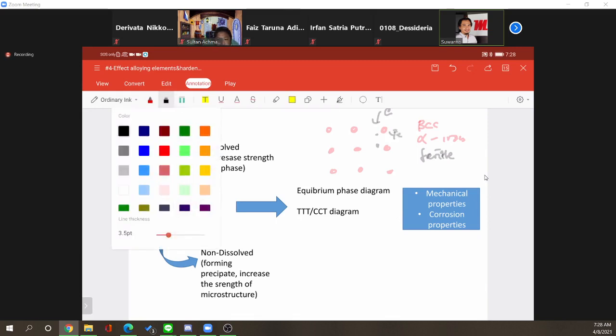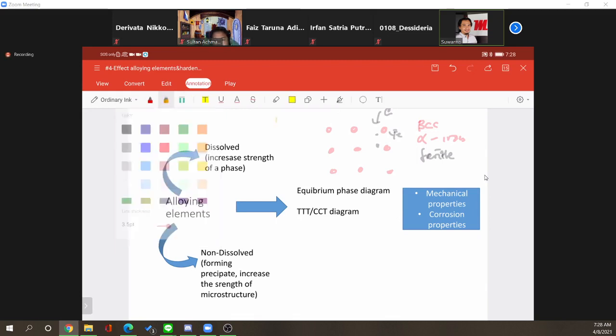You can also add another thing, for example, nickel. We have nickel here with this color, orange. Because nickel has a similar size, close to the iron, we call it a substitutional alloying element.